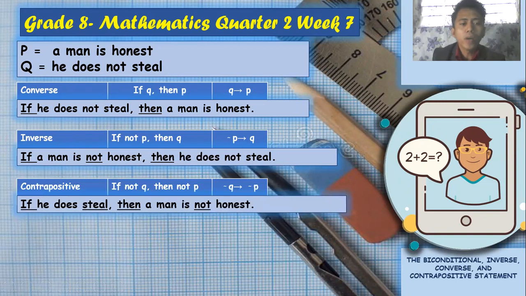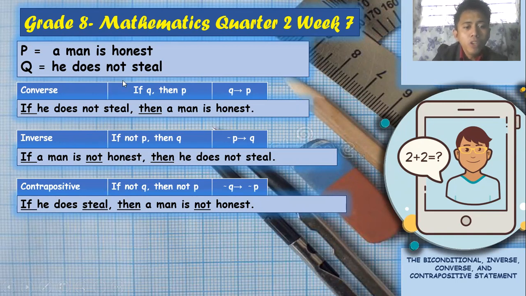Then let's proceed with the contrapositive. Under contrapositive, the condition is if not Q, then not P. Here in the contrapositive, it is important for us to identify the negation of both P and Q, wherein we write the Q first, then the P. Using the pattern, if not Q, copy the word "if." What is our not Q? The opposite of "he does not steal."